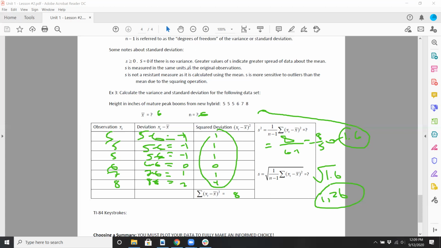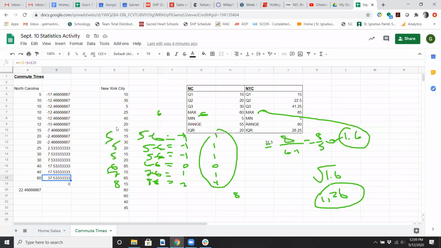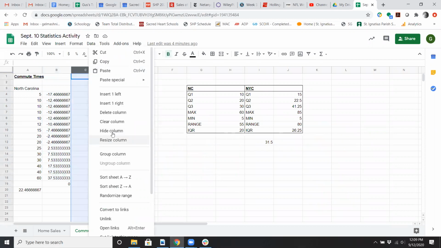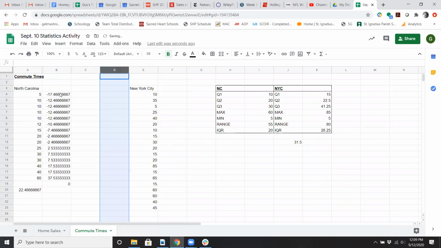So let's go back to North Carolina again and New York City. Well, actually, let's do this. Let's clear the screen here. So right now I did the difference between these two, but let me actually square these.